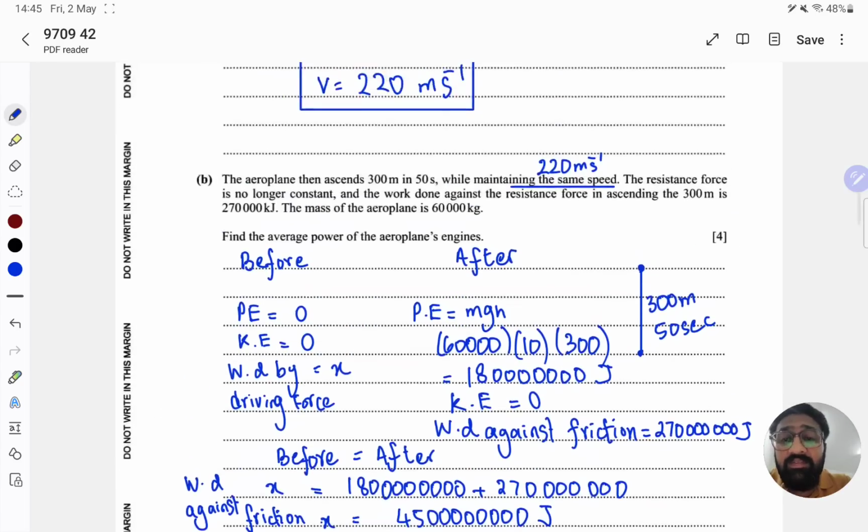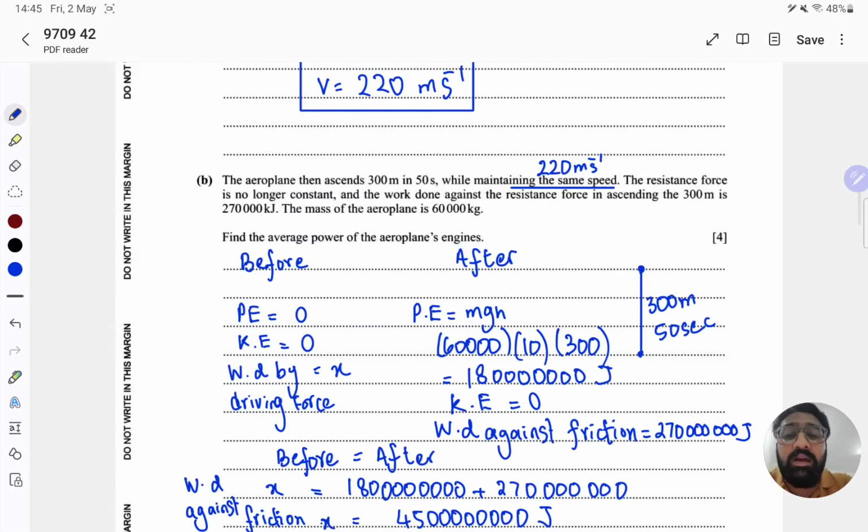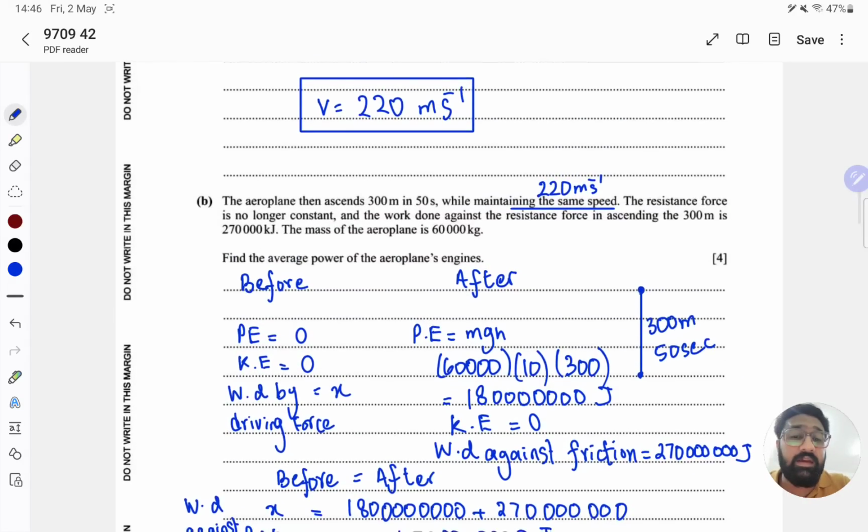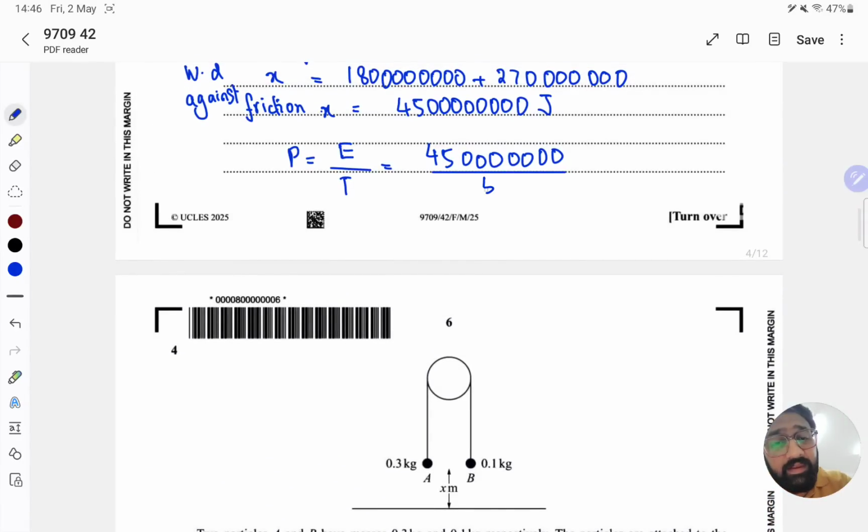Okay, now since we were interested in finding the average power of the plane, power is equal to energy divided by time, and work done is also a form of energy. So work done is 45 with 7 zeros divided by, he is covering it in 50 seconds, so divided by 50.